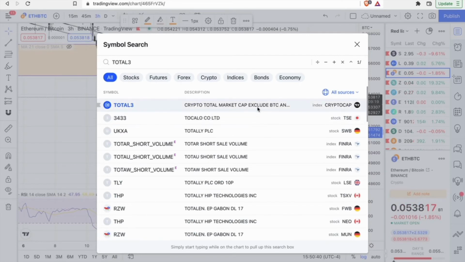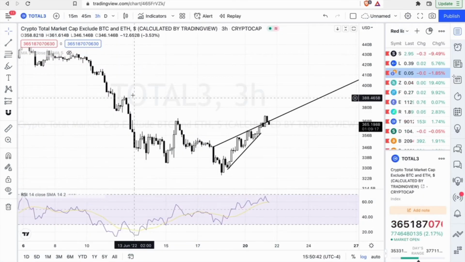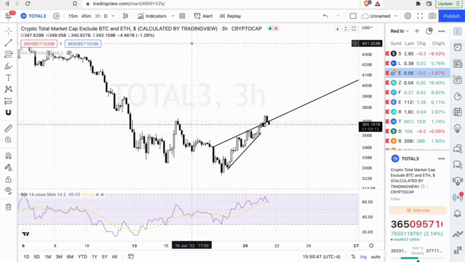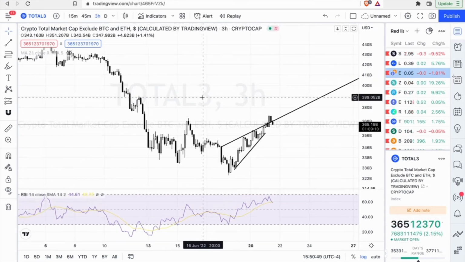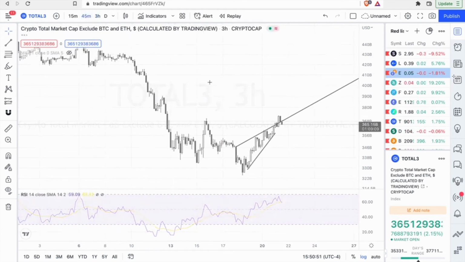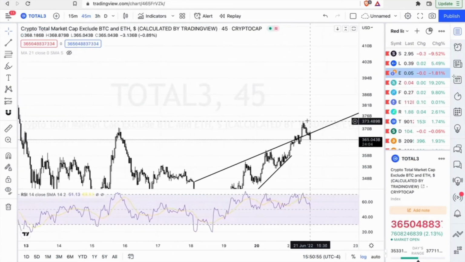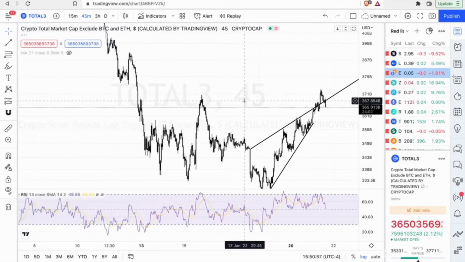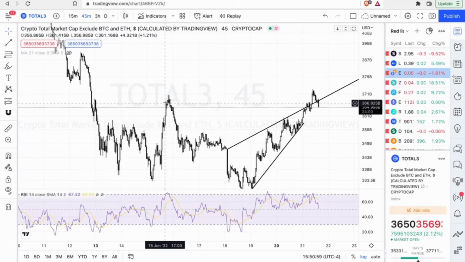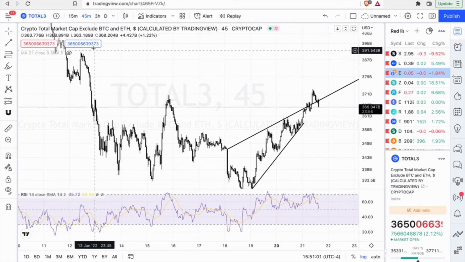Now, total 3 market cap is the market cap of all of crypto, excluding Bitcoin and ETH. So when I see on the total market cap that the alts have really been leading the show, right? We look at June 15th. Let's open up total.